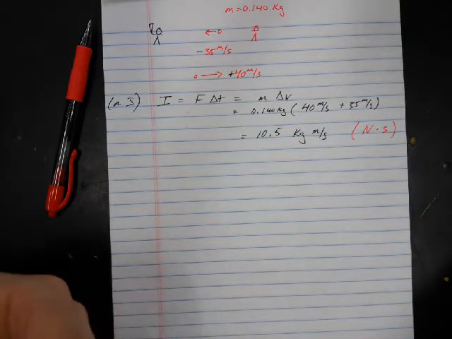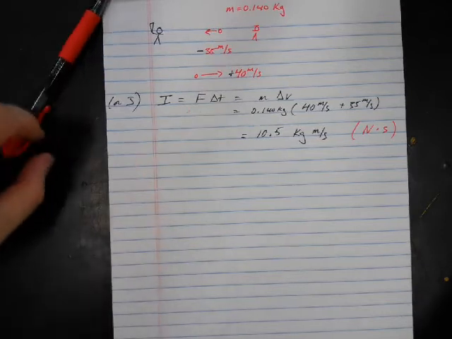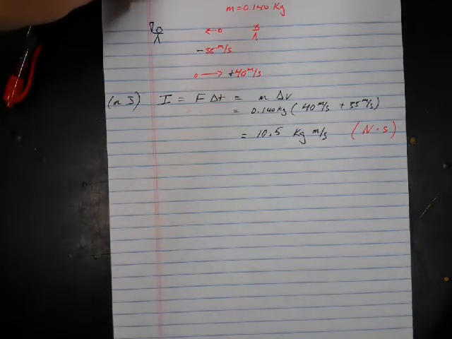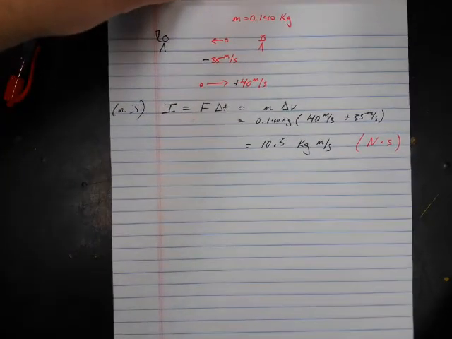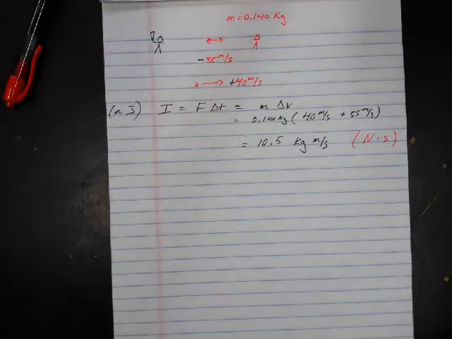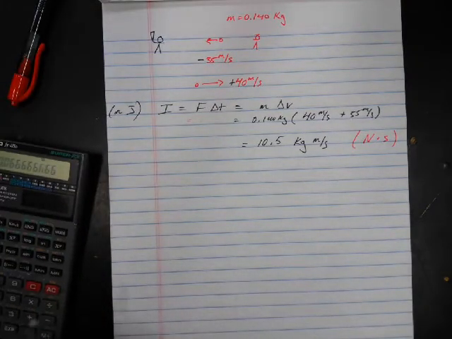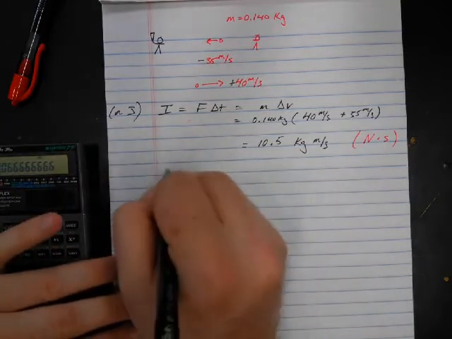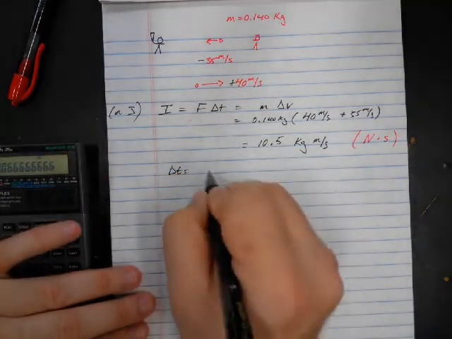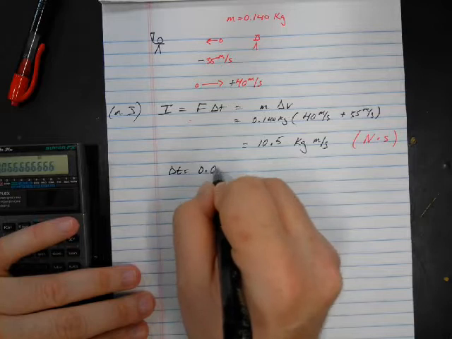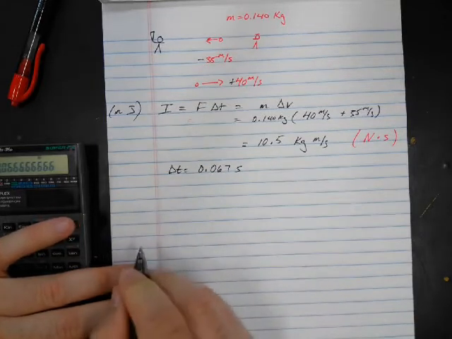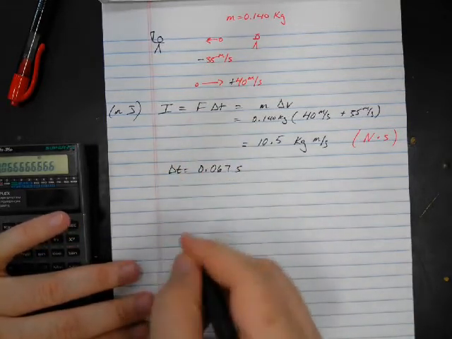And a frame in video on television is like 30th of a second. So let's say a 15th of a second, that is 1 divided by 15, so let's say delta t is 0.067 seconds.